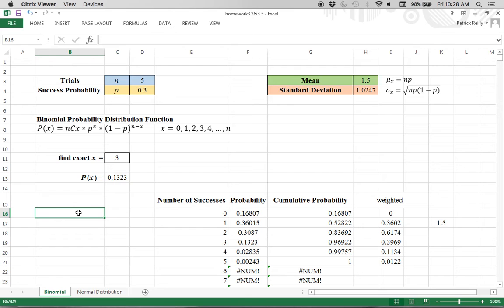So let's see, standard deviation equals number of successes, so 0 minus the mean is 1.5, square that, and then multiply by the probability.